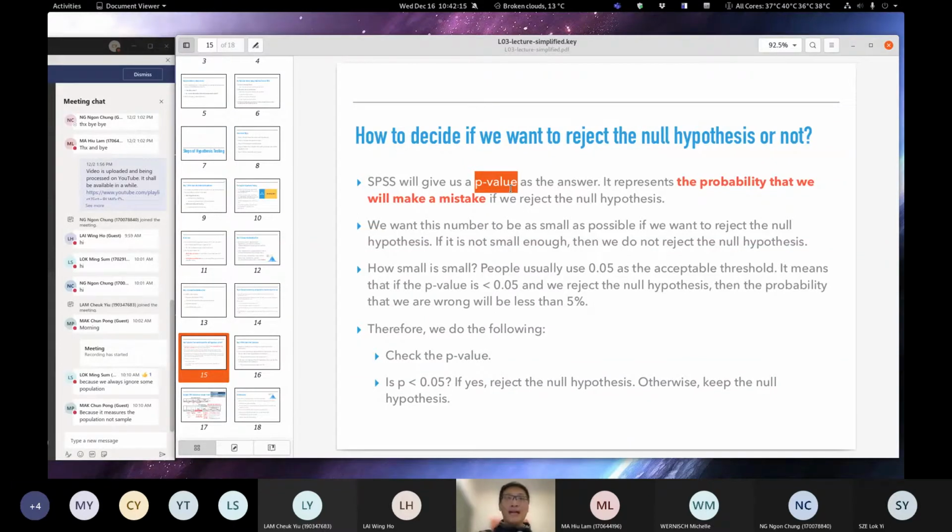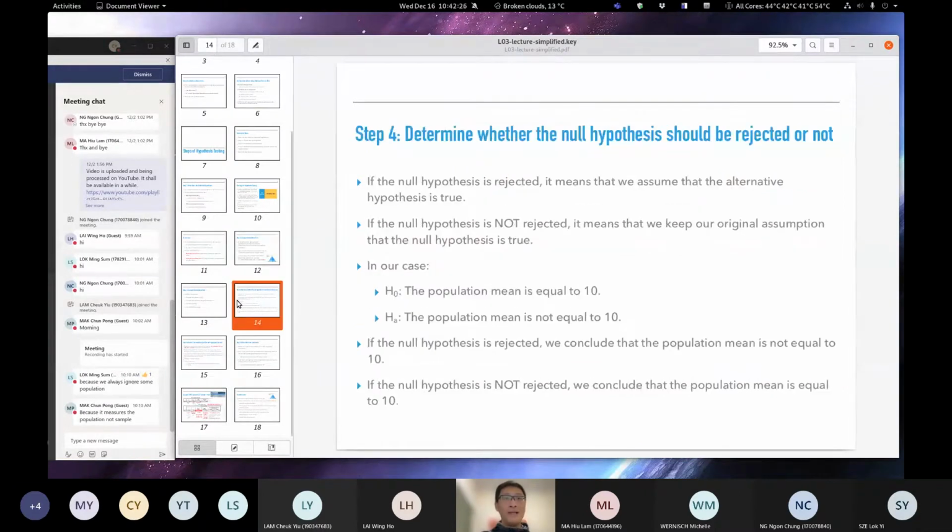Okay, now the p-value is a probability. The probability that we will make a mistake if we reject the null hypothesis. So let's say the null hypothesis is that the population mean is equal to 10. If we want to reject it, it means that we want to say, well, this hypothesis is not true.